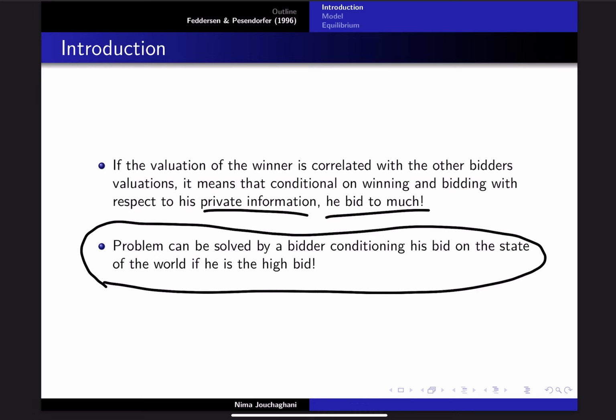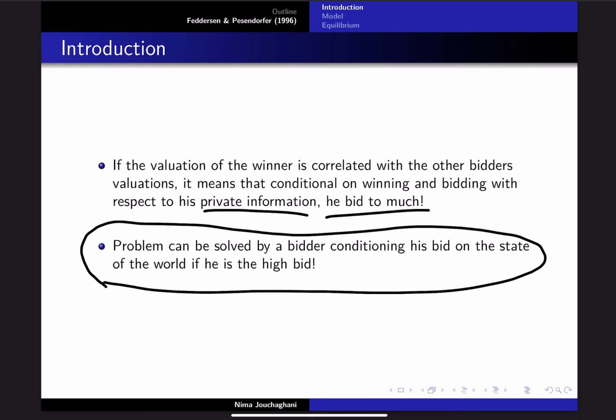And by doing this, you're basically controlling for situations where you bid high because you have found a high sample and you won, which means that others had lower valuations than you. And since the valuations are interdependent, it means that you reduce your bid compared to a situation where you only bid according to your private information. And basically, as a result, the winner's curse will be solved.